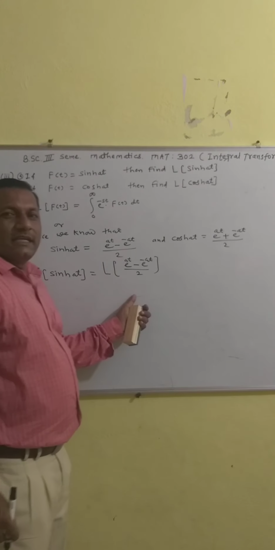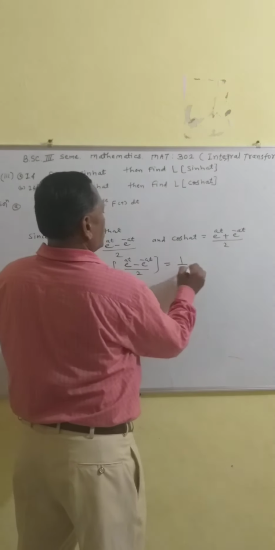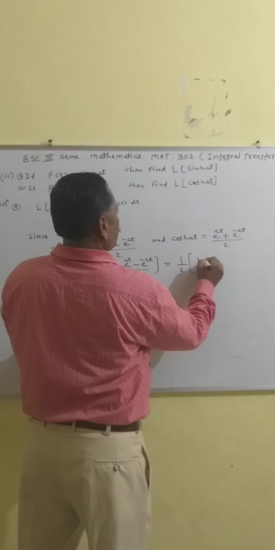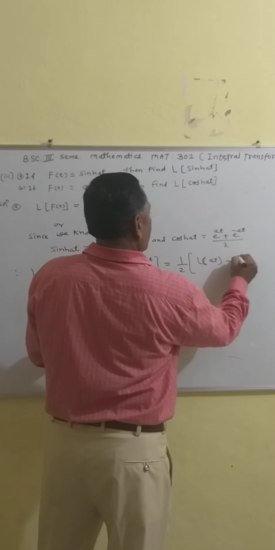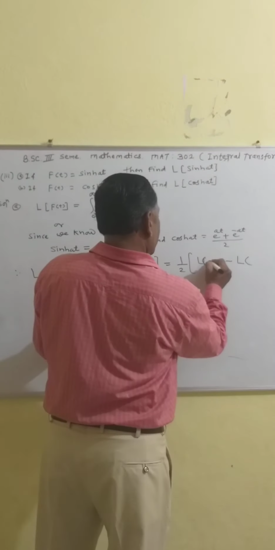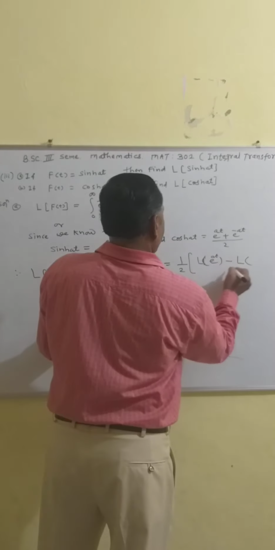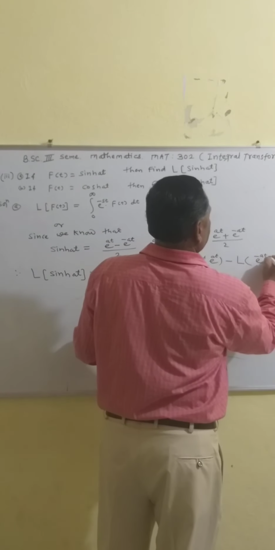The Laplace transform is a linear transformation, so this can be written as 1 by 2 into the Laplace transform of e raised to at minus the Laplace transform of e raised to minus at.